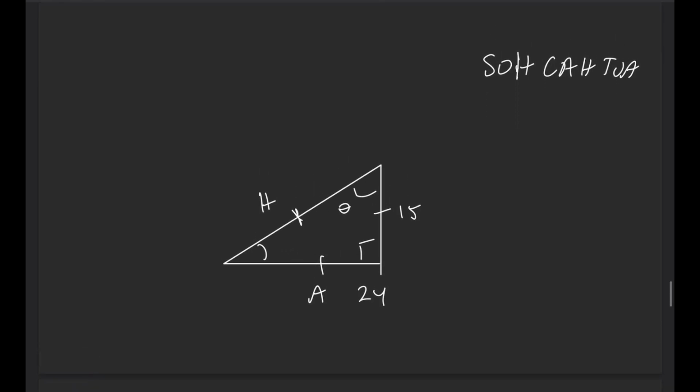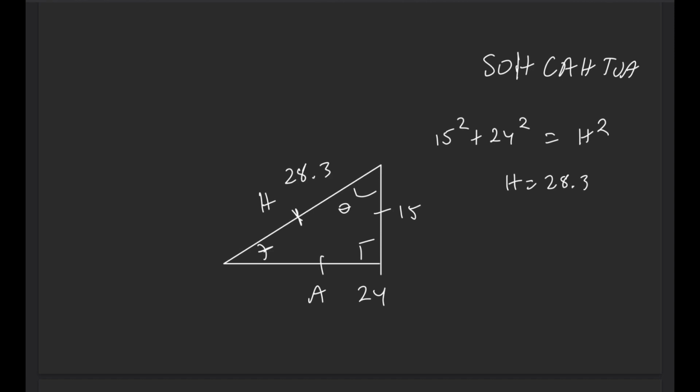Okay, let's try this one. This one is very similar. Let's use a squared plus b squared to get the hypotenuse again. So 15 squared plus 24 squared is equal to h squared. Then square root it, and we'll get h is equal to 28.3.